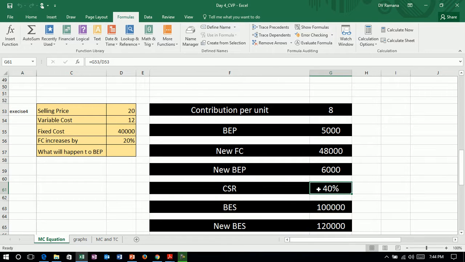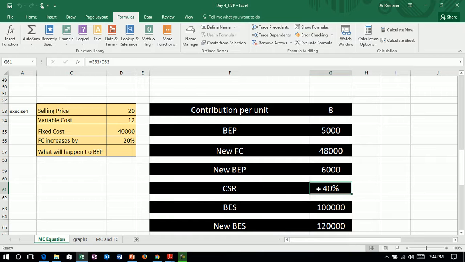We are keeping the contribution per unit and contribution to sales ratio constant. No change in the selling price, no change in the variable cost. When the fixed cost goes up, the break-even sales has to go up to recover the fixed cost to break even.